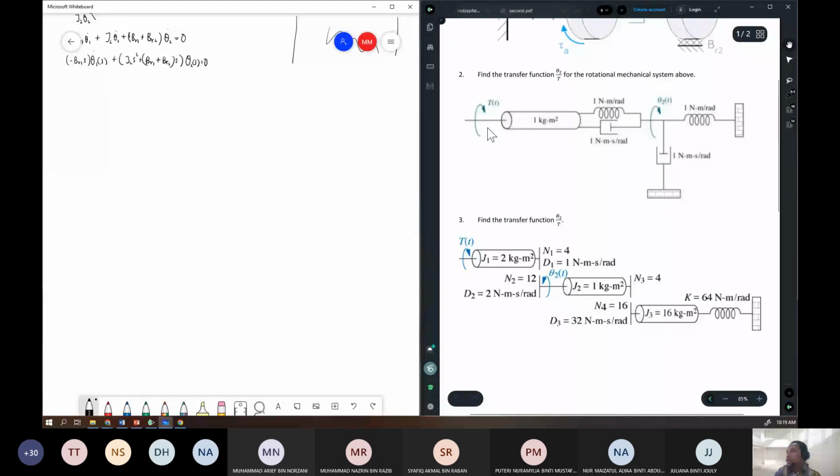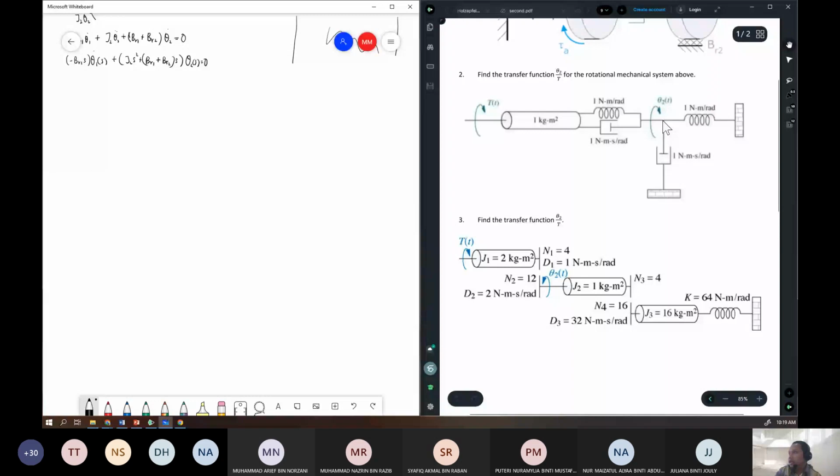We have T applied on the first shaft here, and then this shaft is connected with a spring and damper to this point, and theta 2 measures the rotation of this point. And then this point is connected with a damper and spring to the wall.